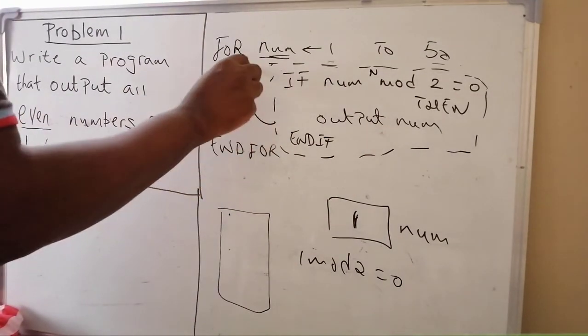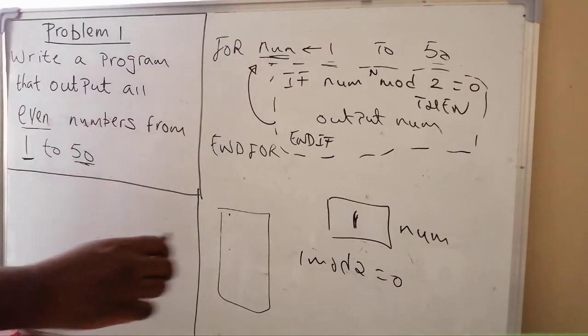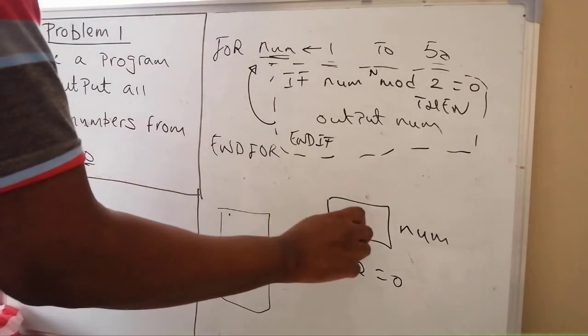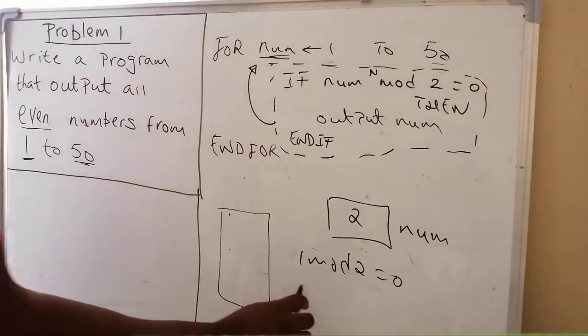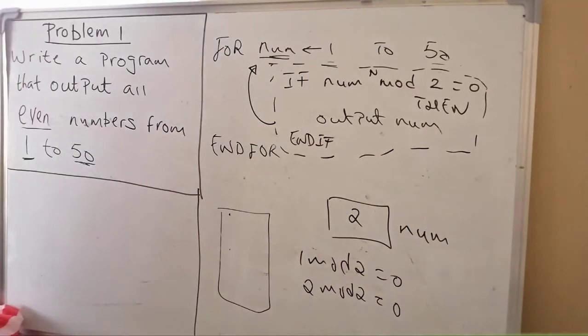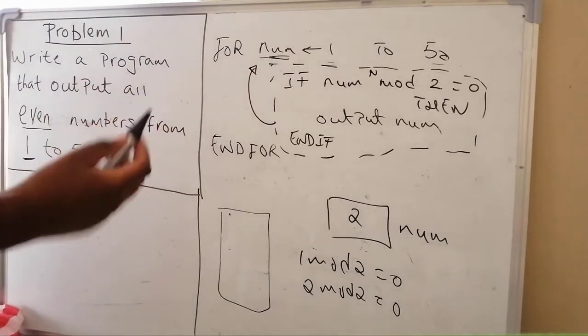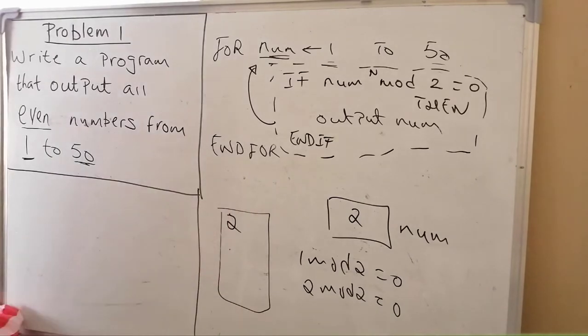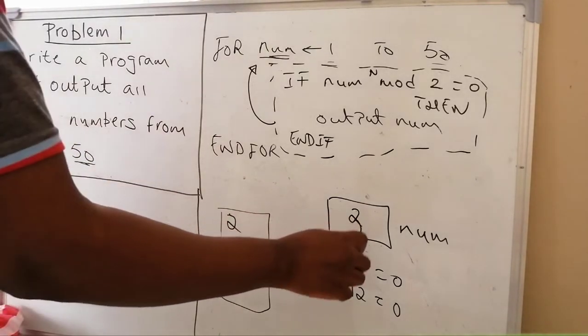Now again we go and touch the for statement again. 1 will be changed to 2. Now we're going to have 2 mod 2. Now if you observe, 2 mod 2 is 0. That is, it is an even number. In this case we're going to output the number 2. In the same way for 3.